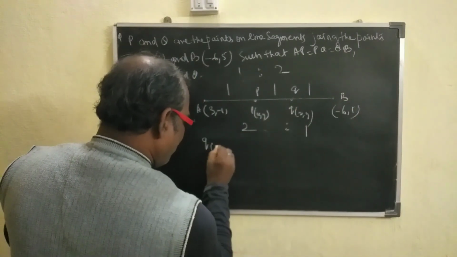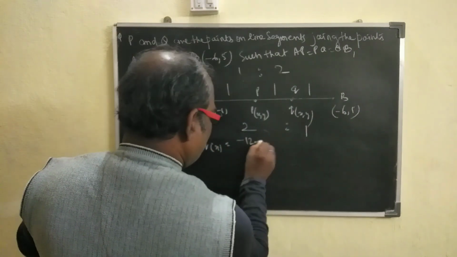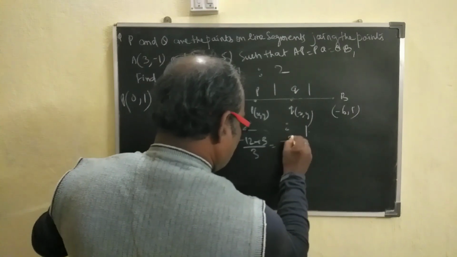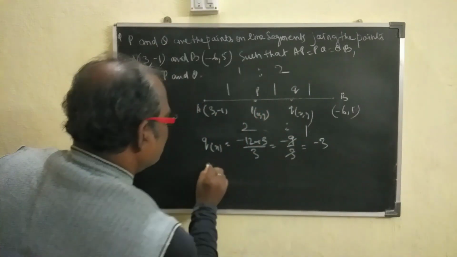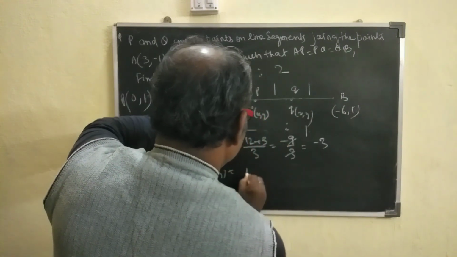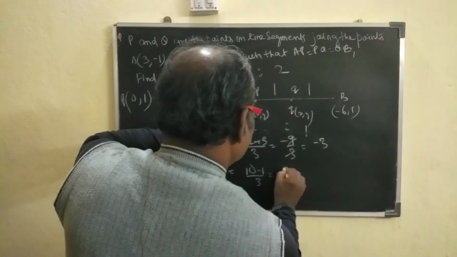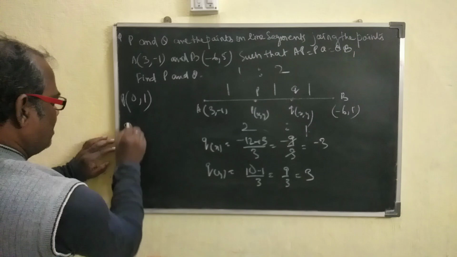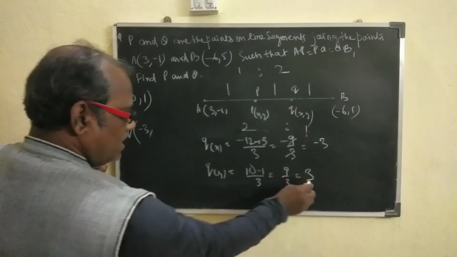Q of x equals 2 into minus 6 is minus 12, plus 1 into 3 is 3, by 3, which equals minus 9 by 3, which equals minus 3. And for the Q y coordinate, 2 into 5 is 10, plus 1 into minus 1, by 3 equals 9 by 3 equals 3. So we find Q as x is minus 3 and y is 3.